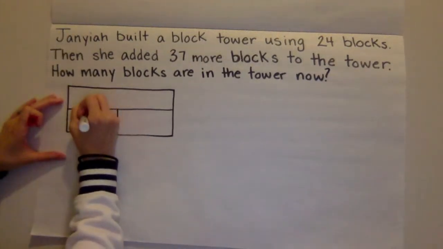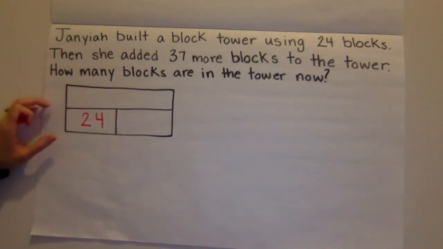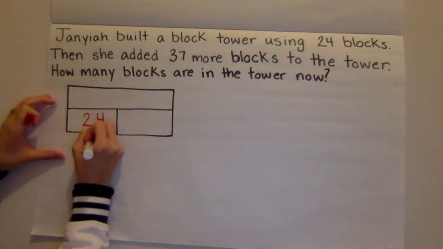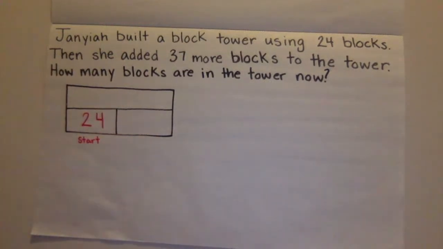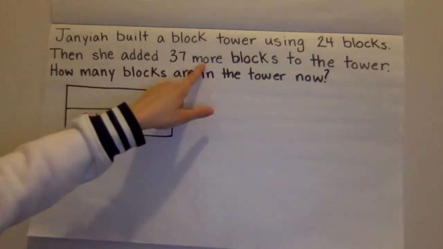So I'm going to go ahead and add the number 24 here. And I'm going to write the word start because that's how much she started with. Then what'd she do? Yeah, she added 37 more.